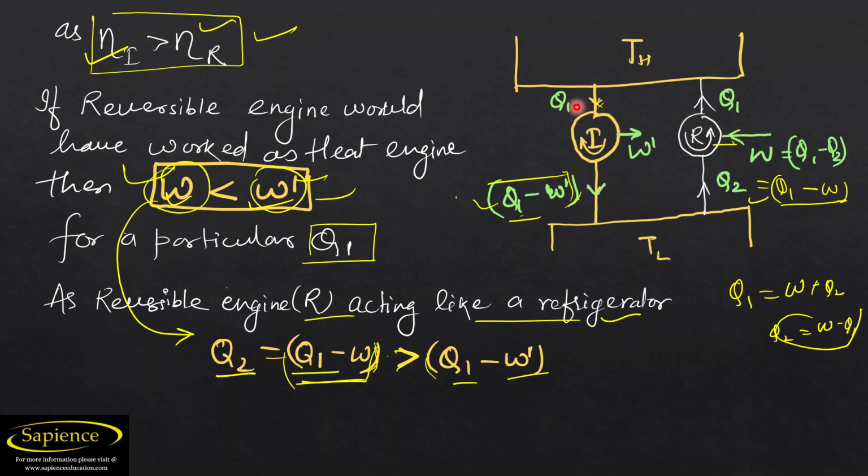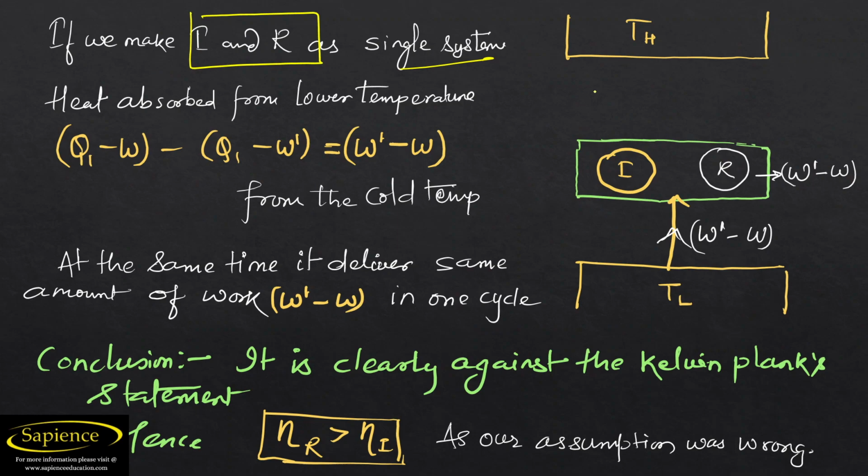I am considering this as a single engine only, having two types of engine, irreversible and reversible, in the same entity. So what happened here? Q1 is coming and Q1 is going outside, means net Q1 will be 0. So Q1 minus Q1 will be equal to 0. So no heat is either absorbed or rejected in the TH. So this engine has no issue at all.